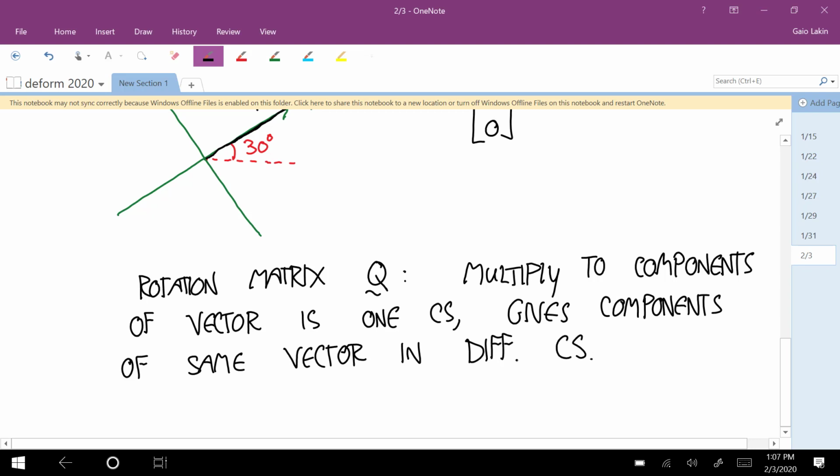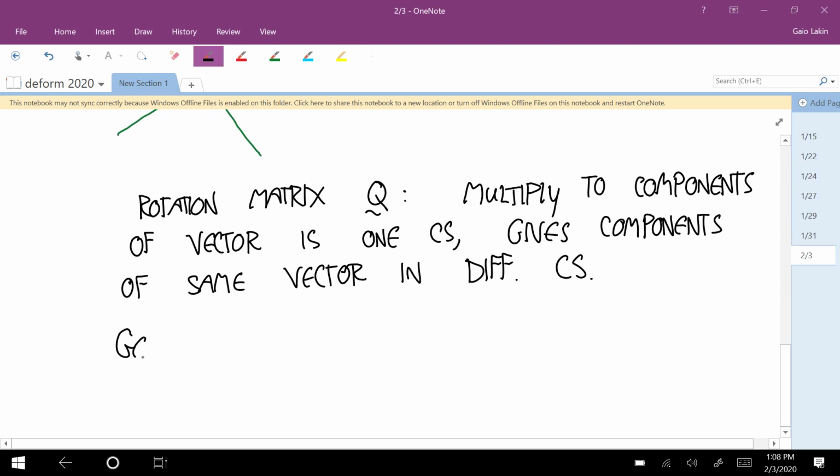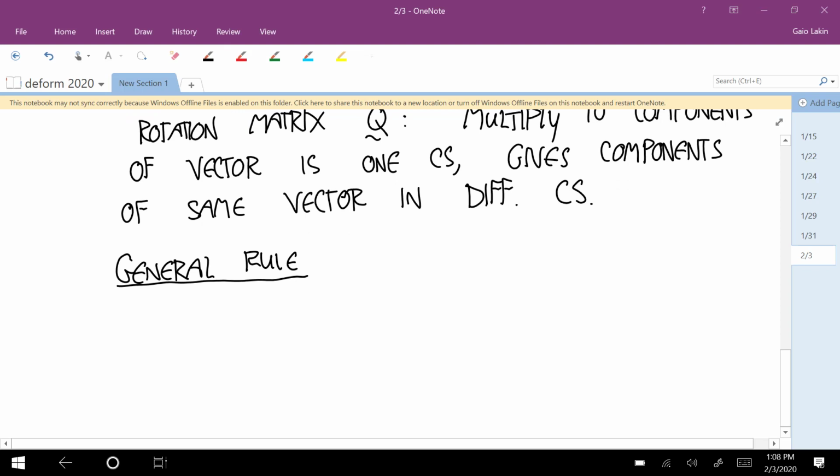Okay, so I'm going to give you the general rule for coming up with a coordinate system now. This is probably not the one that you're going to use in practice, but so let's say that you have a coordinate system A and a coordinate system B, okay, where the axes have different orientations.